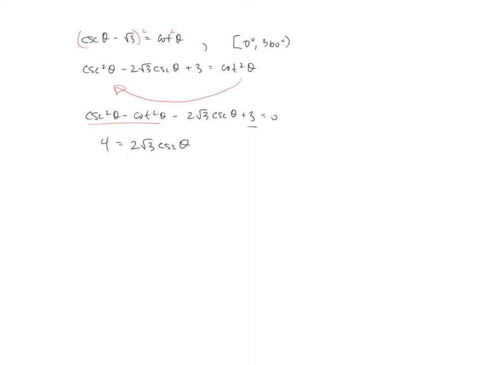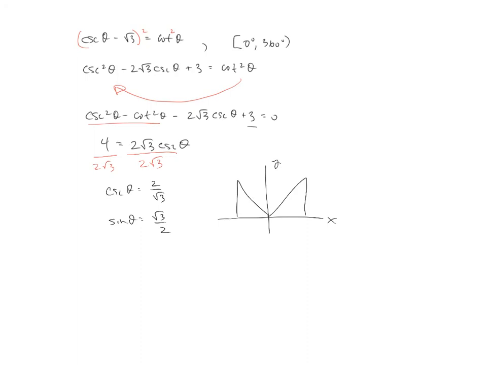So now I'll go ahead and divide both sides by 2 root 3. And you can see how cosecant of theta would now equal 2 over root 3. In other words, sine of theta equals root 3 over 2. All right, so we've taken something that started off kind of not working out well together, but by squaring both sides, we ended up with something that's pretty commonly seen. So sine is positive in quadrants 1 and 2.